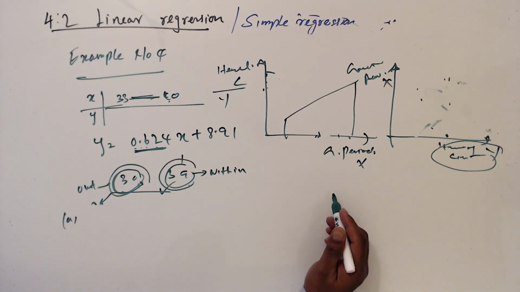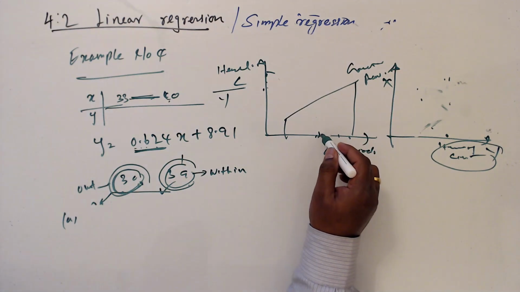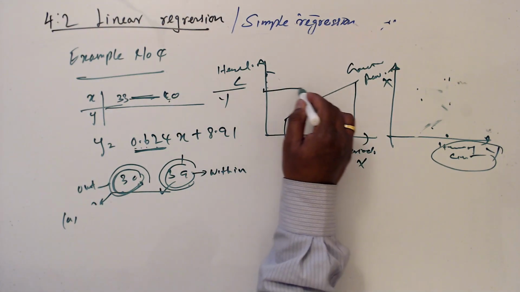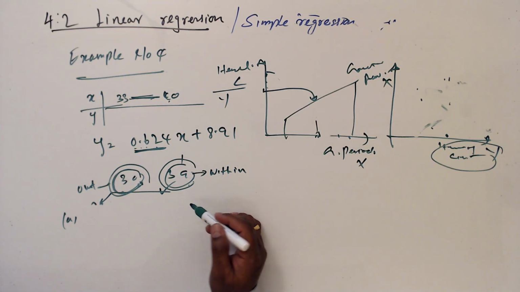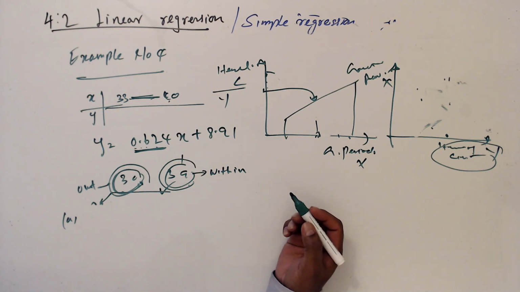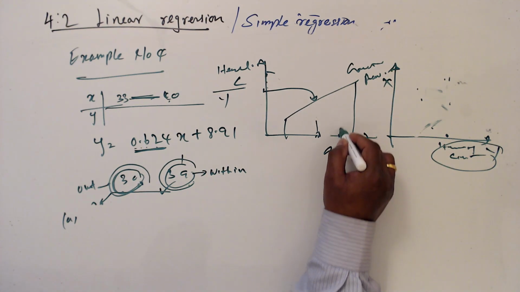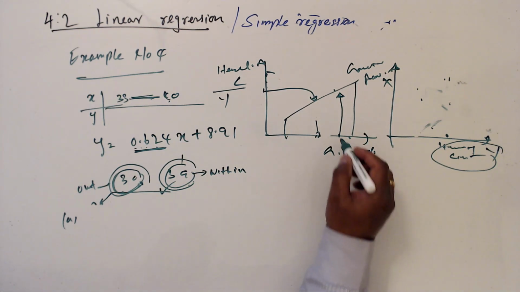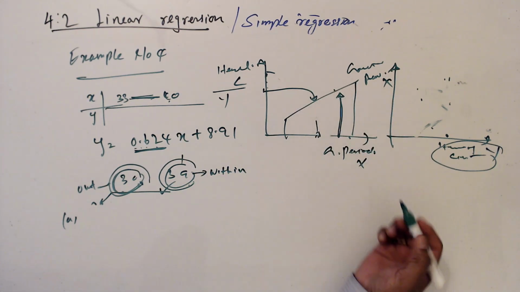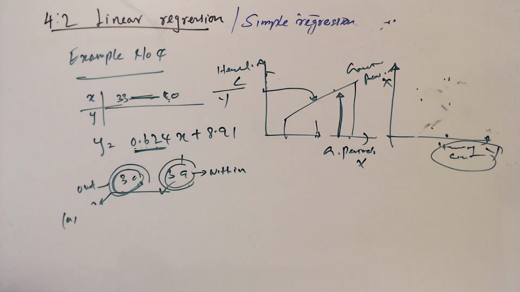So the message is don't try to evaluate an independent variable by inserting a dependent variable. It is not acceptable for regression lines. It is only allowed to submit an independent value and get the dependent value. Let's discuss exercise 4b.